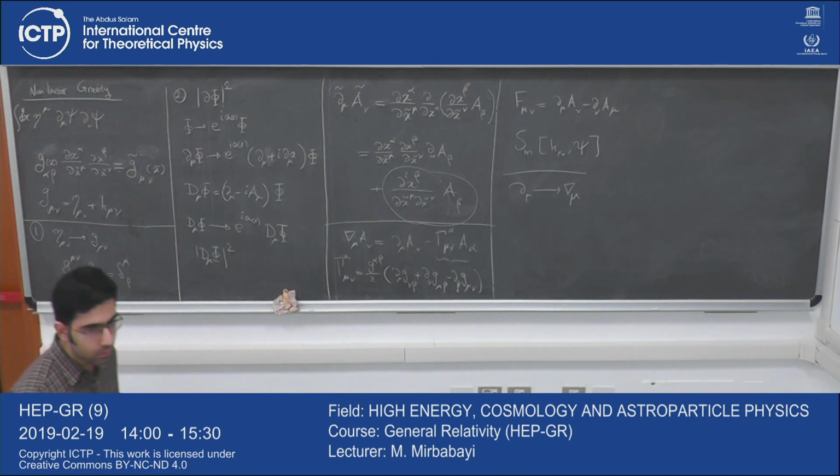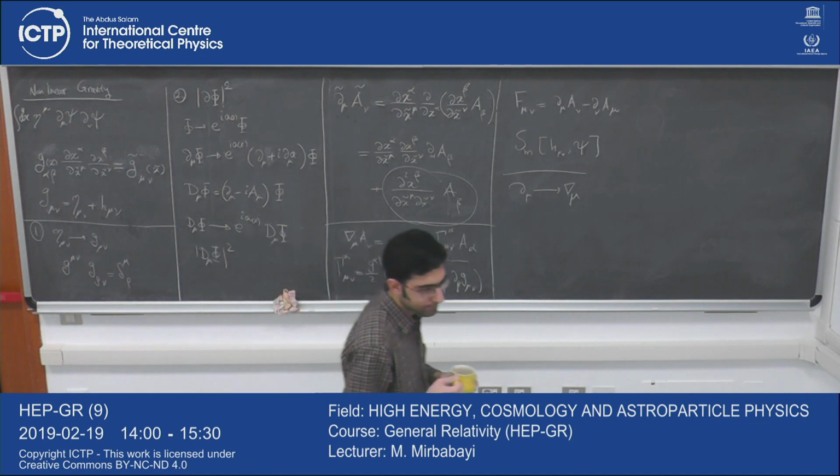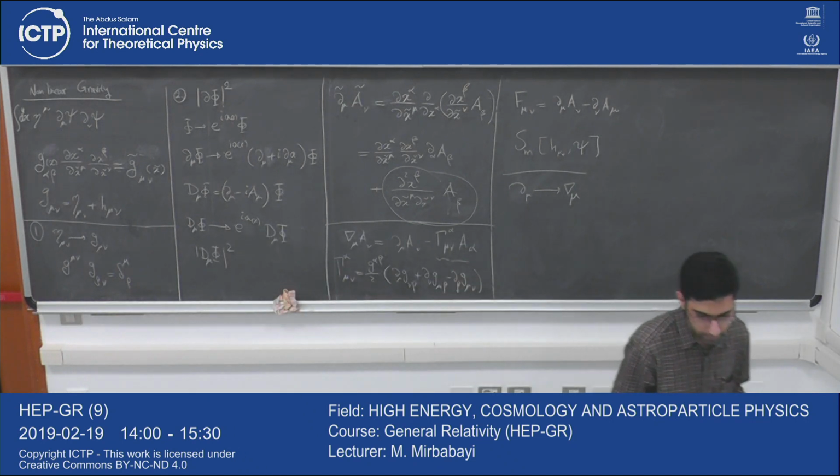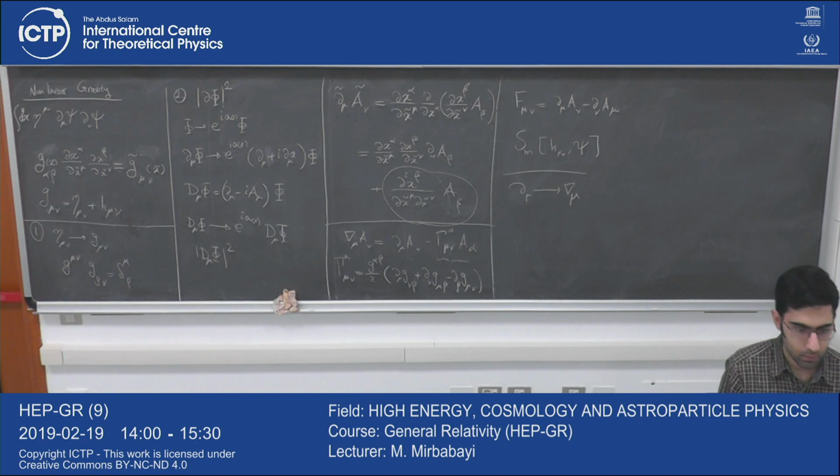What we did here is that we started with the simplest matter field, which is the scalar, to try to find the general coordinate transformation for it, and then we found that we need to introduce some other vector field, and then we started to find the transformation for this new vector field.